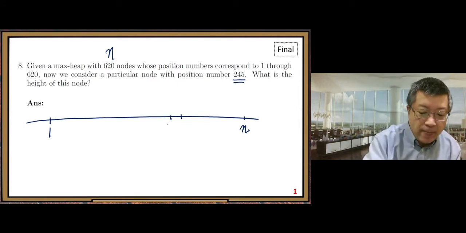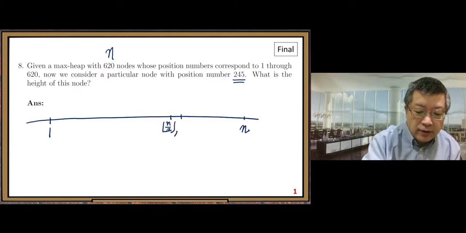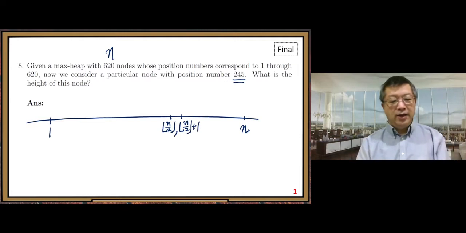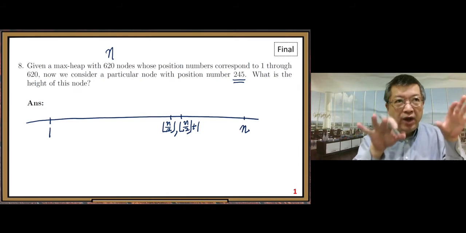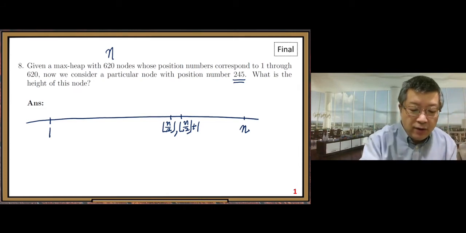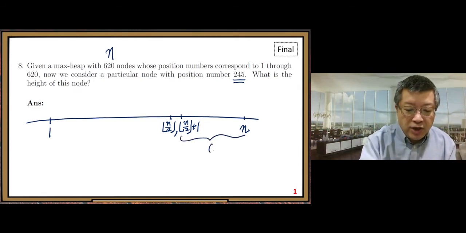So this one, floor function n over 2, that's the first one. The second one, position number n over 2 plus 1. So these two position numbers separate level 0, that corresponds to leaves.